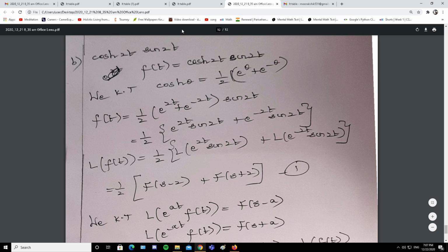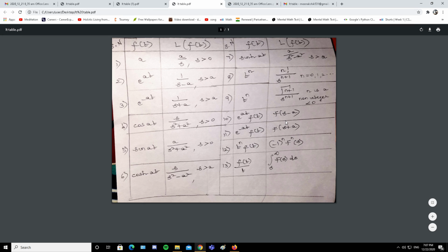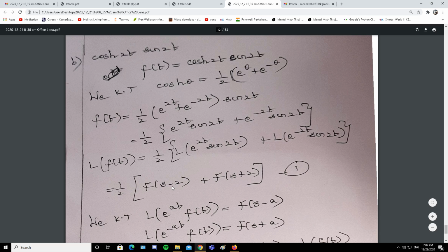This is of the form e power at f of t, and this is of the form e power minus at f of t. Laplace of e power at f of t is f of s minus a, and Laplace of e power minus at f of t is f of s plus a. So half of f of s minus 2 plus f of s plus 2. Now this is the answer.